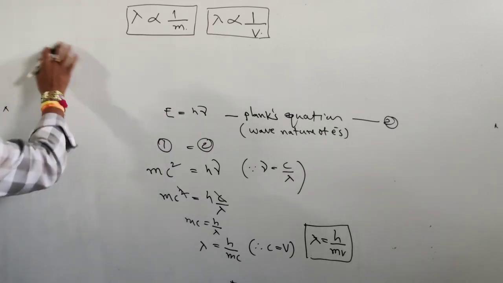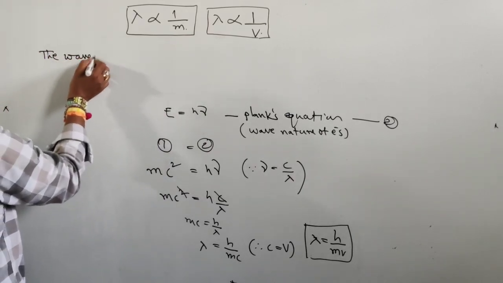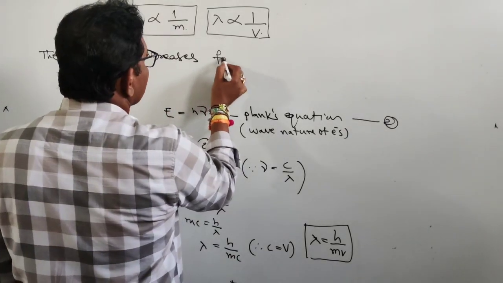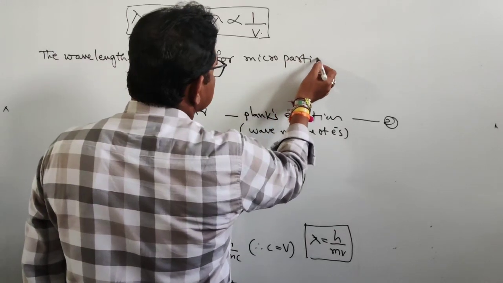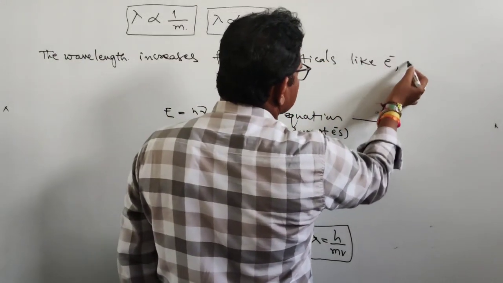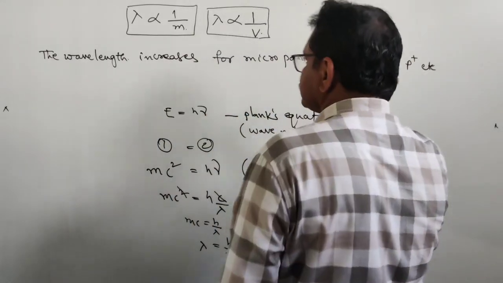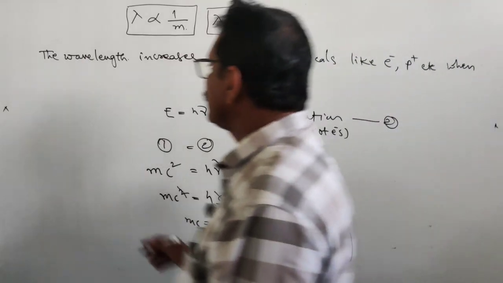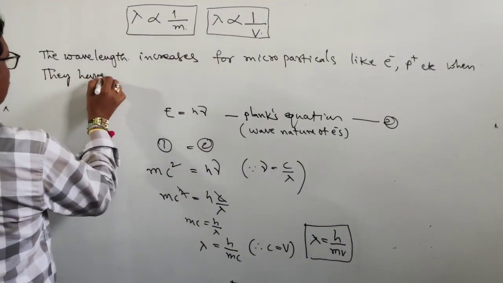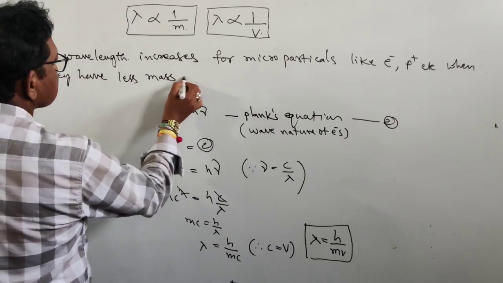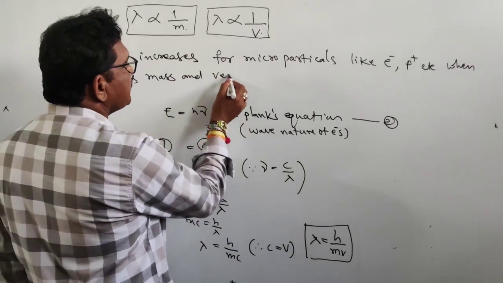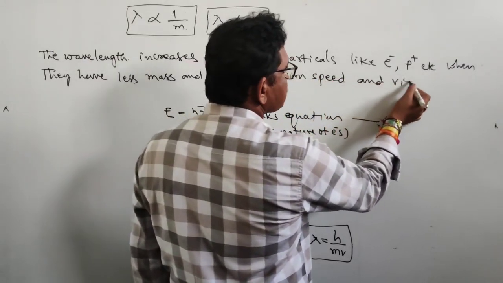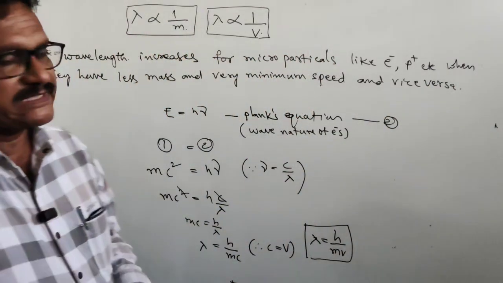See here, the wavelength increases for microparticles like electron, proton, etc. when they have less or lower mass and very minimum velocity, minimum speed, and vice versa. See students, here you try to understand, let me explain in Telugu.